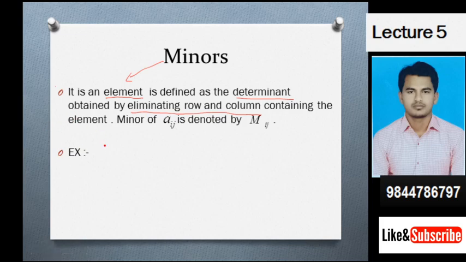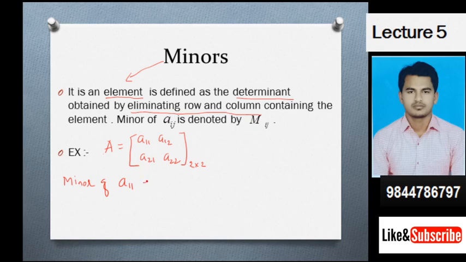If I start with the matrix, not taking the determinant, let me take the matrix A11, A12, A21 and A22. This is my square matrix of order 2 cross 2. What is the minor of A11?